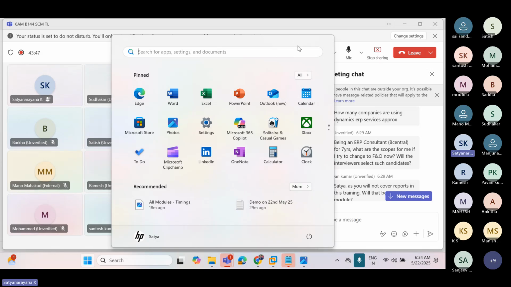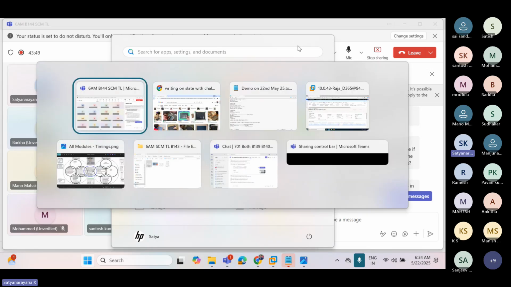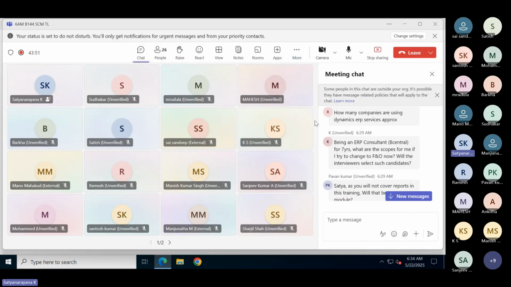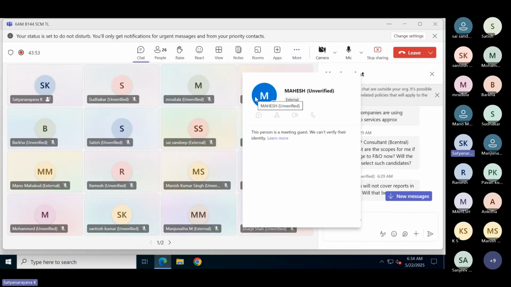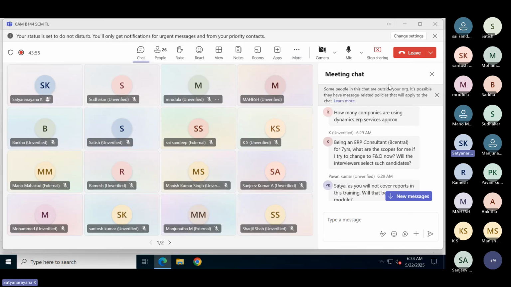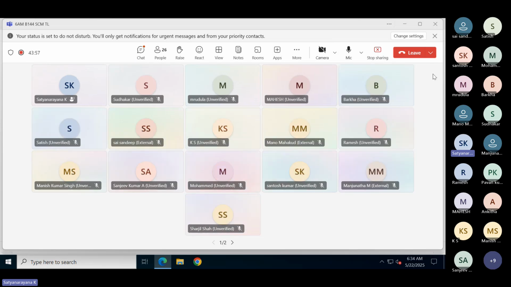But in this training, around 4 to 5 members are 10th passed people. They have completed 10th standard. They never studied a regular course in intermediate or degree, but they have taken a degree through distance education. Around 4 to 5 such people are also in the IT industry.